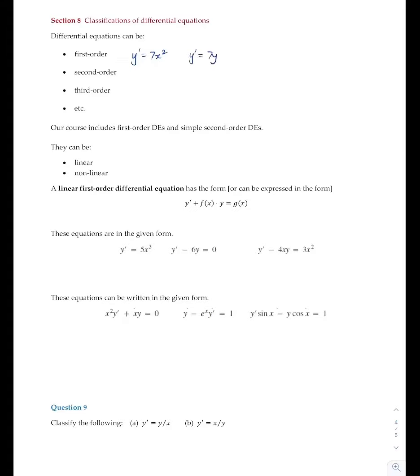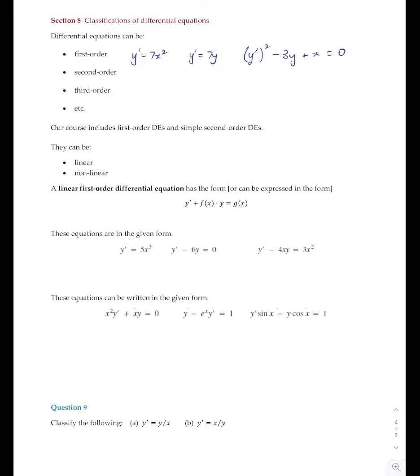The fact that we've got y here instead of x doesn't change anything. It's still a first order differential equation. And it could be something like y dash squared minus 3y plus x equals 0. We're not going anywhere near something like that, but that would be a first order differential equation.